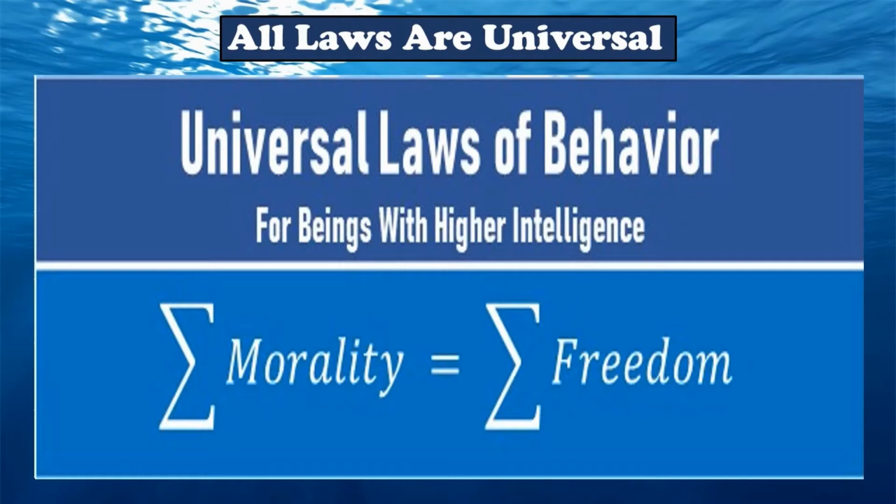That's what those E's are, the sum of. And also the sum of immorality equals the sum of slavery. I'm going to get to that later. First, I'm going to start with morality to freedom. This is amazing stuff, folks. It's just a shame that we humans just completely reject this.